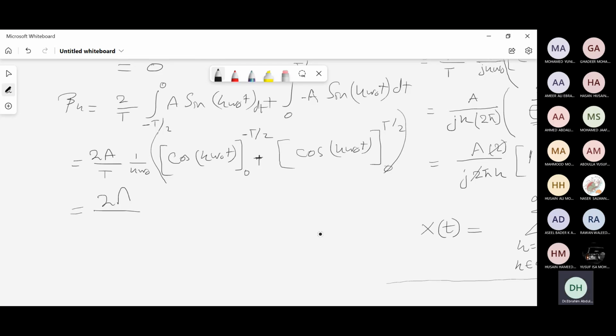So this is 2a divided by k, and t multiplied by omega is equal to 2 pi. Here, when minus t over 2, it is cosine k omega naught multiplied by t, which is 2 pi divided by 2, so it's just pi.